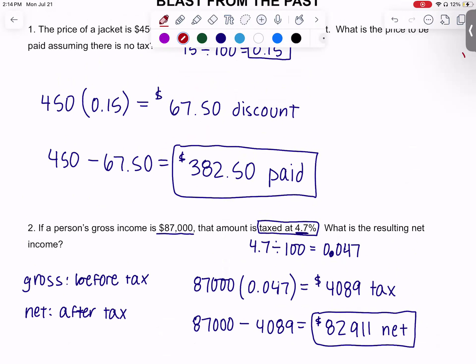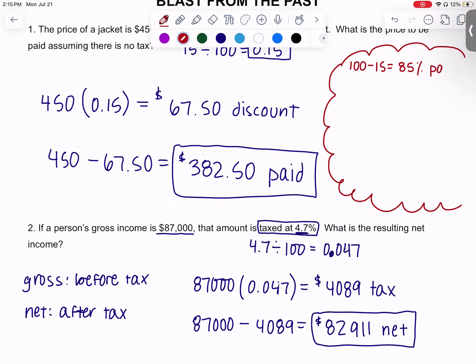In number one, if we know that there's a 15% discount, before multiplying the 15% discount, we could have multiplied a different percent. 100% is the original price or original amount. That's the most something is. 100% represents an original amount. If I took away 15, I would get 85% paid. We take away 15 for that discount.